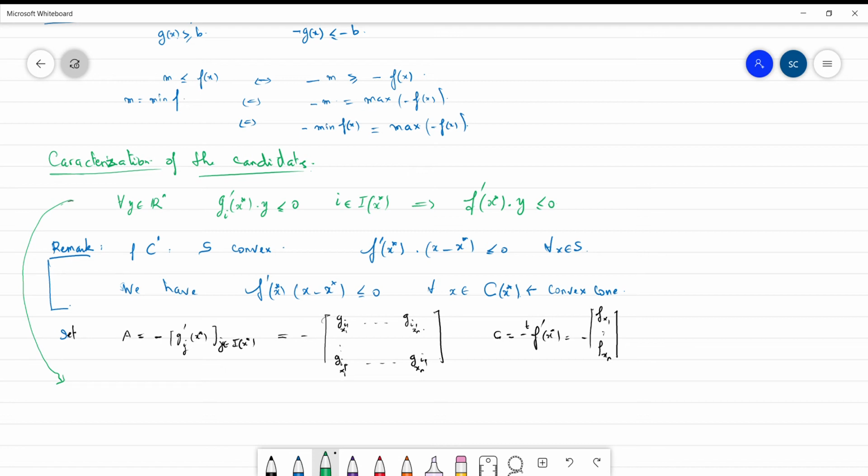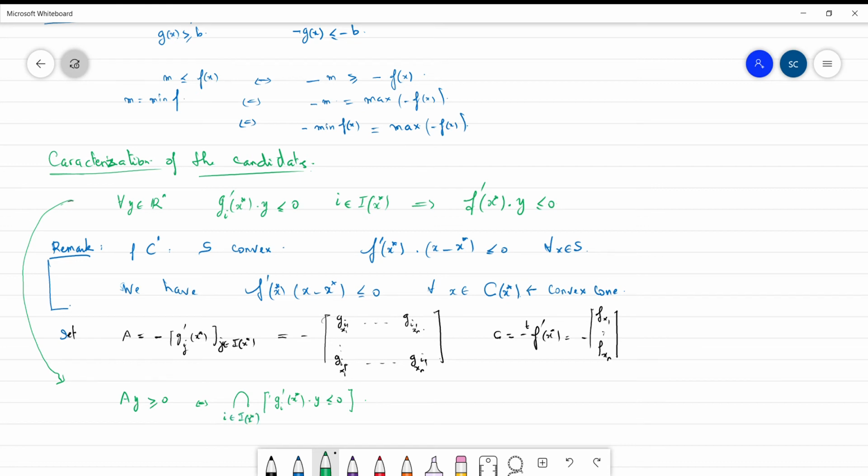We are saying that Ay positive implies, regrouping, which is equivalent to saying that the intersection of the sets g i prime at x star y negative, for i belonging to I of x star.